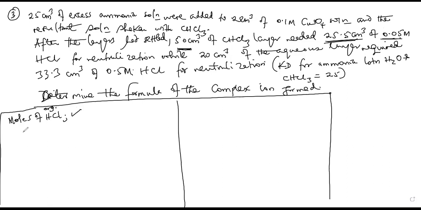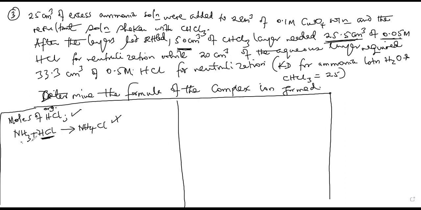After getting moles of hydrochloric acid, you write the equation. You know that ammonia solution, aqueous, reacts with hydrochloric acid, aqueous, to form ammonium chloride, aqueous. Then you can get moles of ammonia: by mole reaction ratio, moles of ammonia are equal to moles of hydrochloric acid.